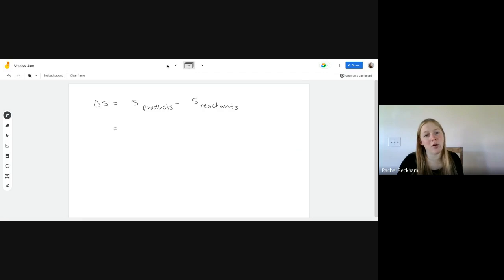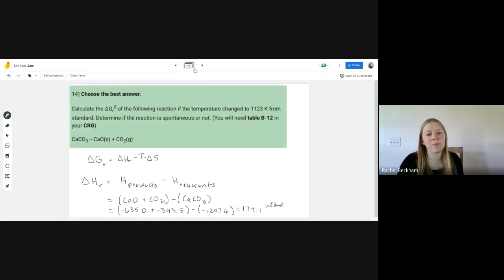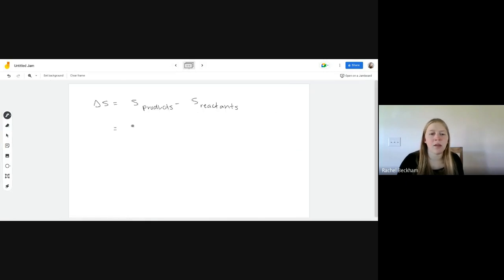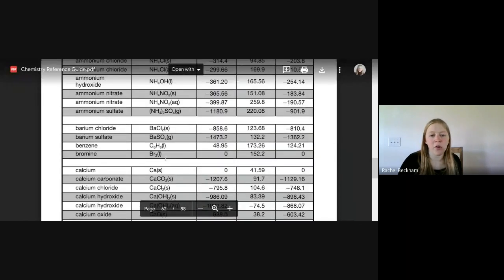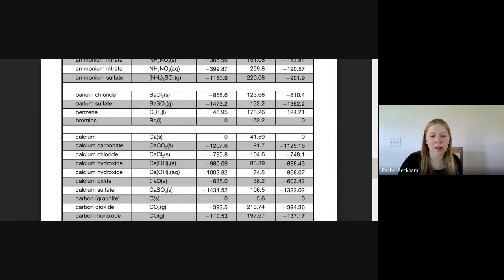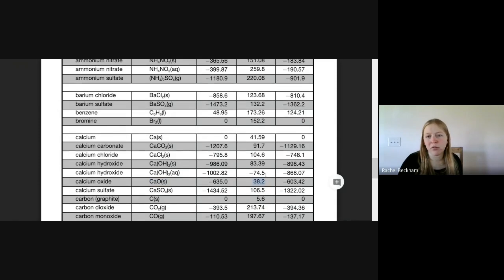And so for our products, it was CaO plus CO2 minus CaCO3. So now we need to go back and look them all up for the S column. So looking here, CaO is right here. It's a solid. The S column is right here.